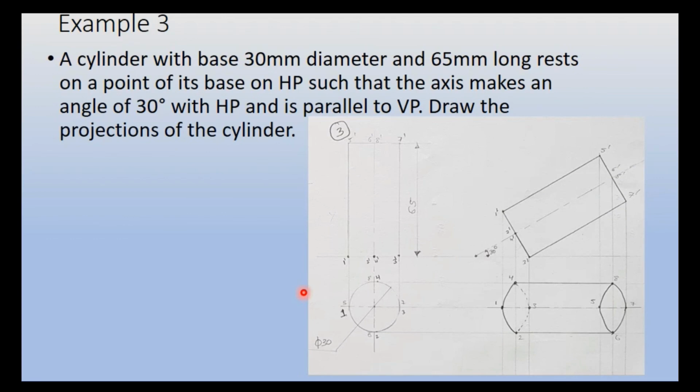So this is the solution of your third question when the axis of the cylinder is inclined with respect to the HP.